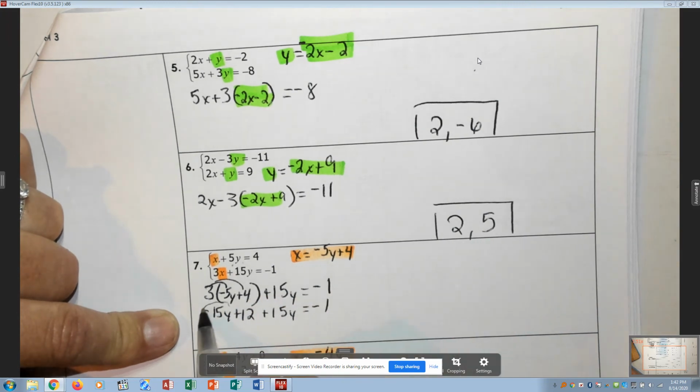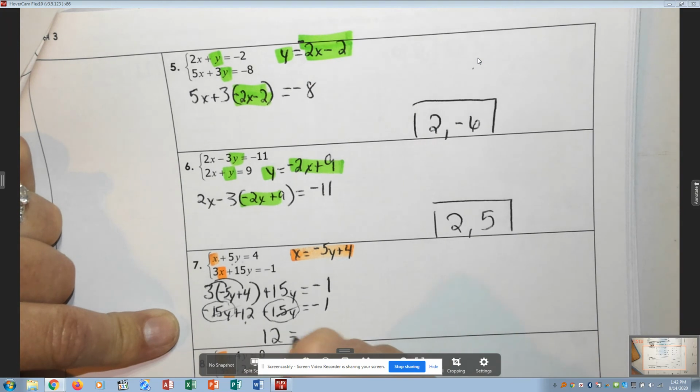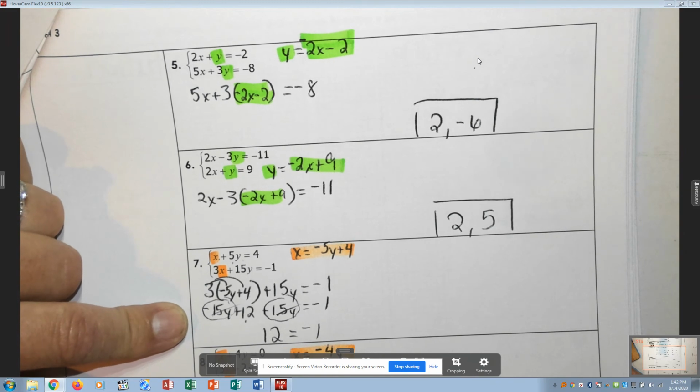So when I combine these like terms, these cancel out. So I get 12 is equal to negative 1. Well, that's impossible. 12 does not equal negative 1. It will never in any kind of circumstance.